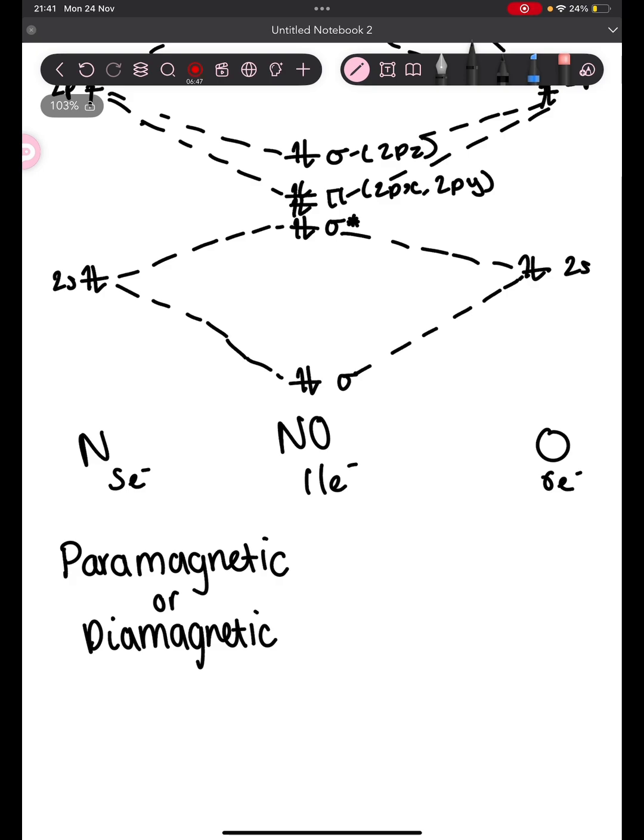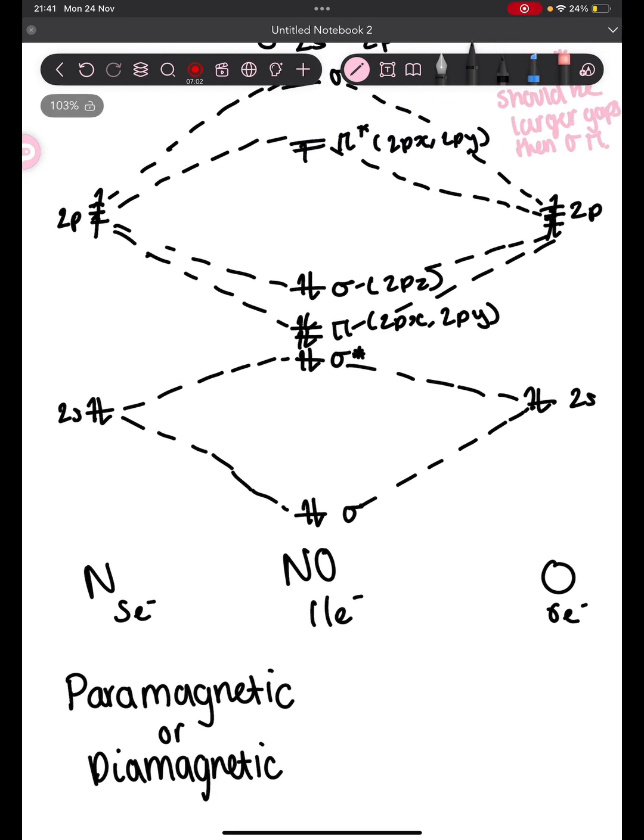From this molecular orbital diagram, we should be able to work out whether NO is paramagnetic or diamagnetic. As you should have learned from the key terms part of this course, paramagnetic is when there is a single electron in a molecular orbital, and diamagnetic is when all the molecular orbitals that have electrons in are paired.